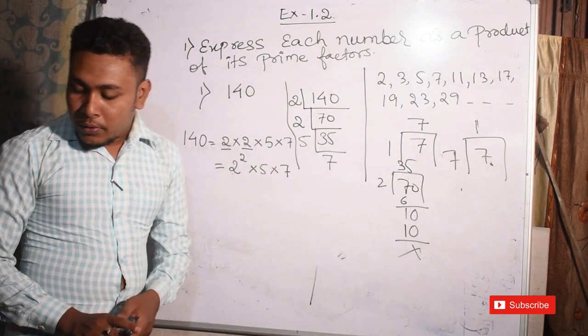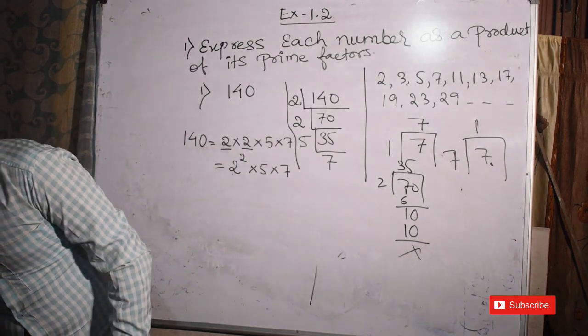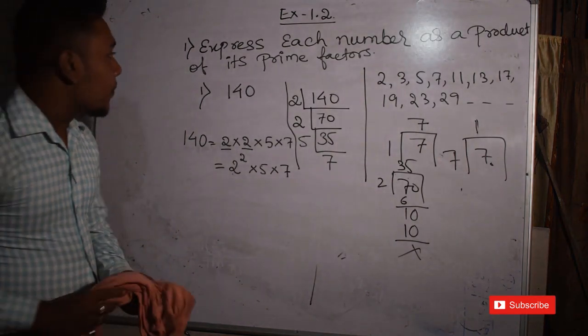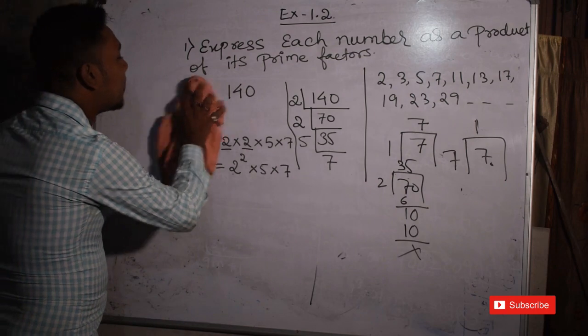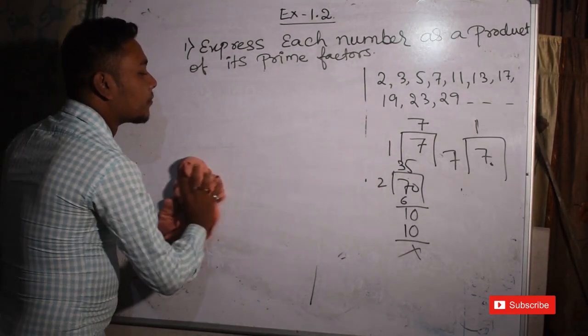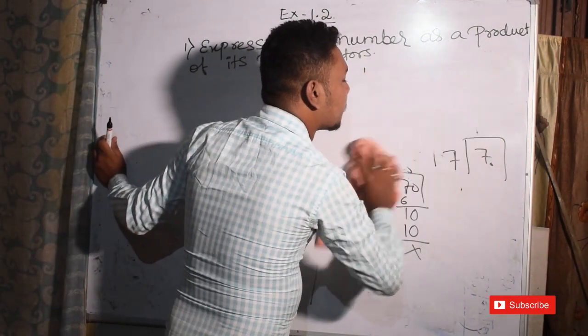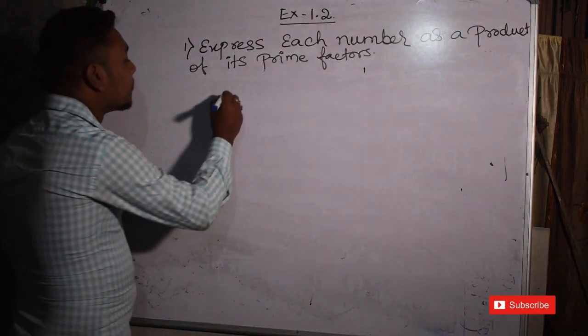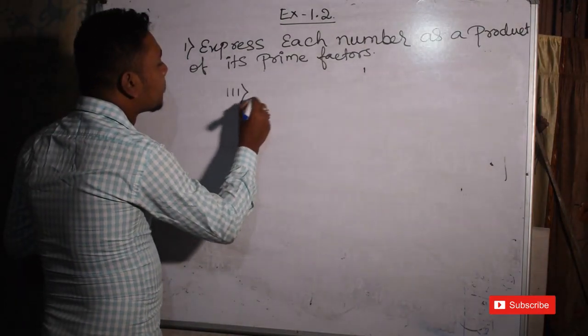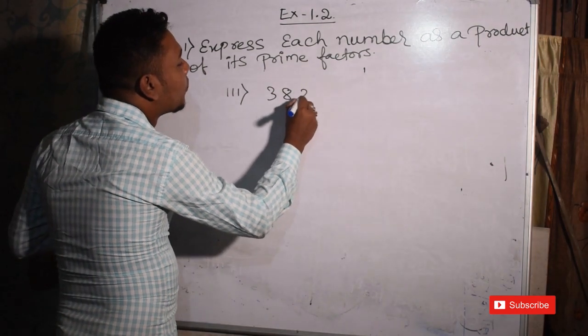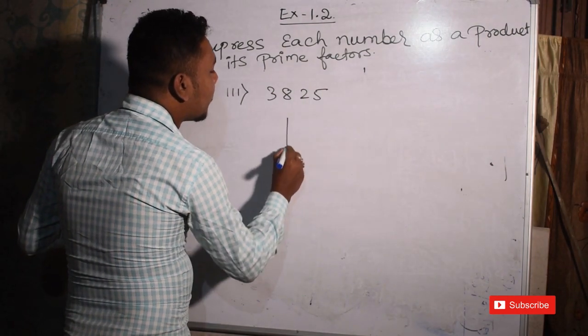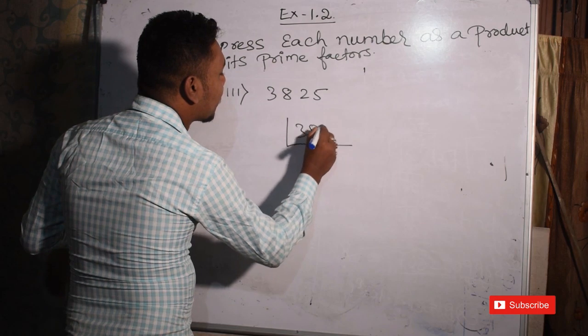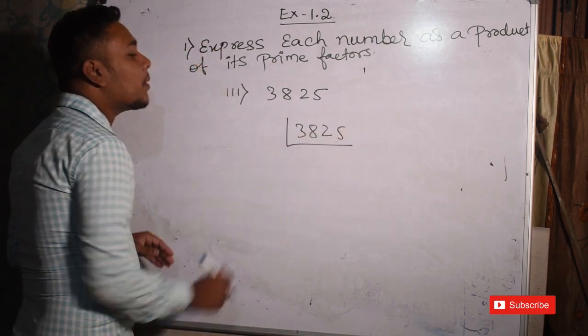Okay, let's move to the next question, 3825. The number is 3825. First we have to see if it is divisible by 2.